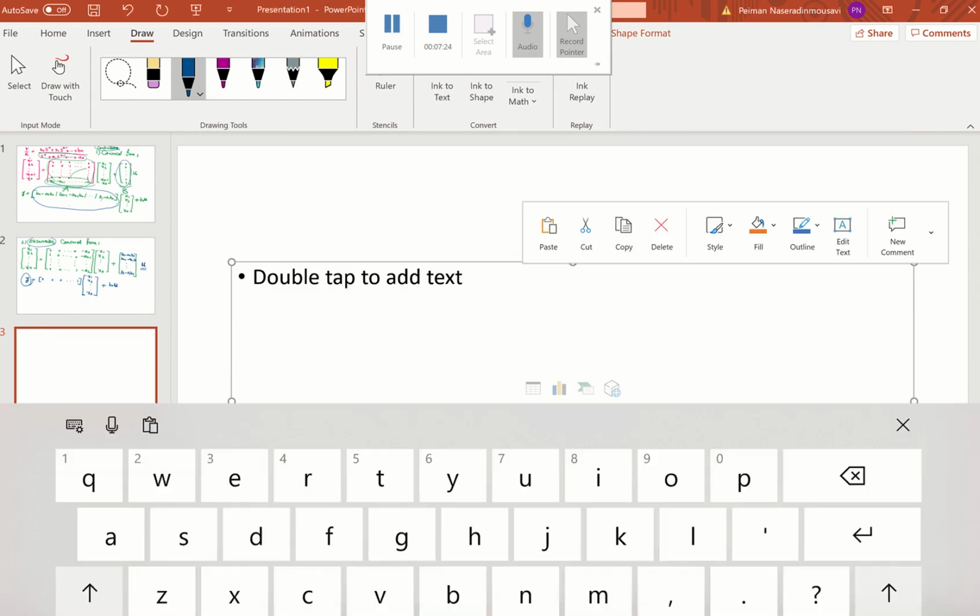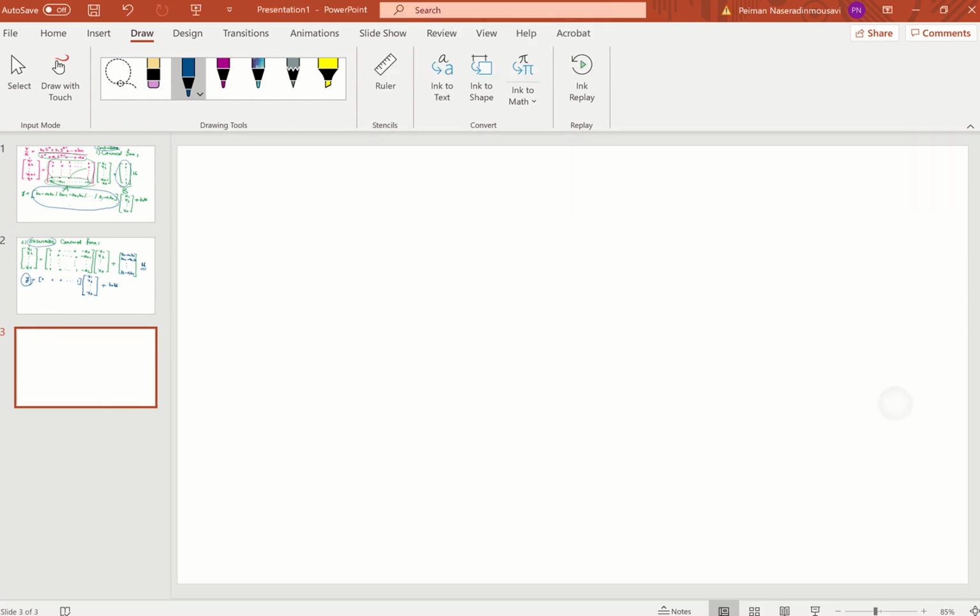Okay, the third form is the diagonal canonical form. Diagonal canonical form.